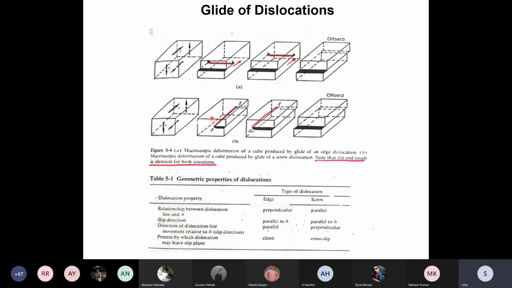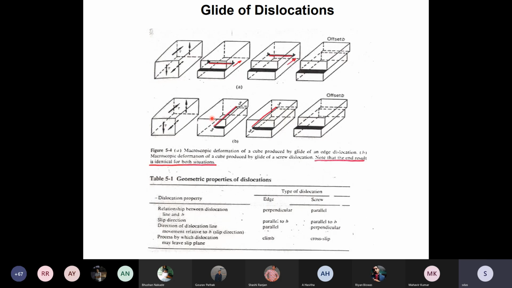So it defines a line, not a surface. When you apply a shear stress, it moves from one slip plane to the intersecting line between two slip planes, and then moves to the other slip plane.